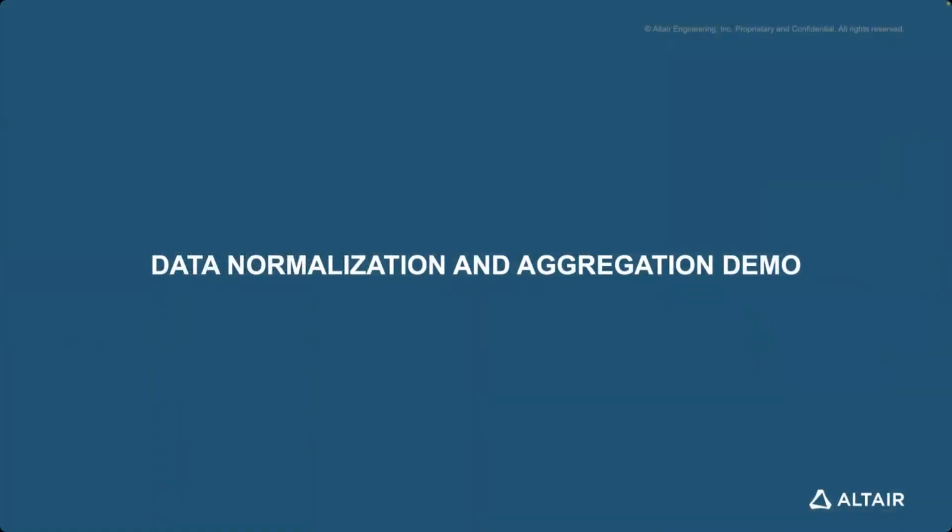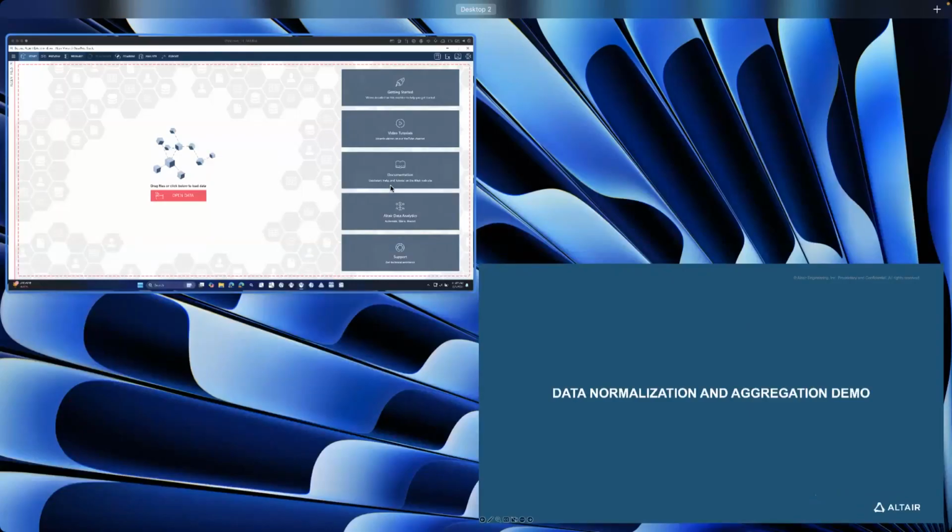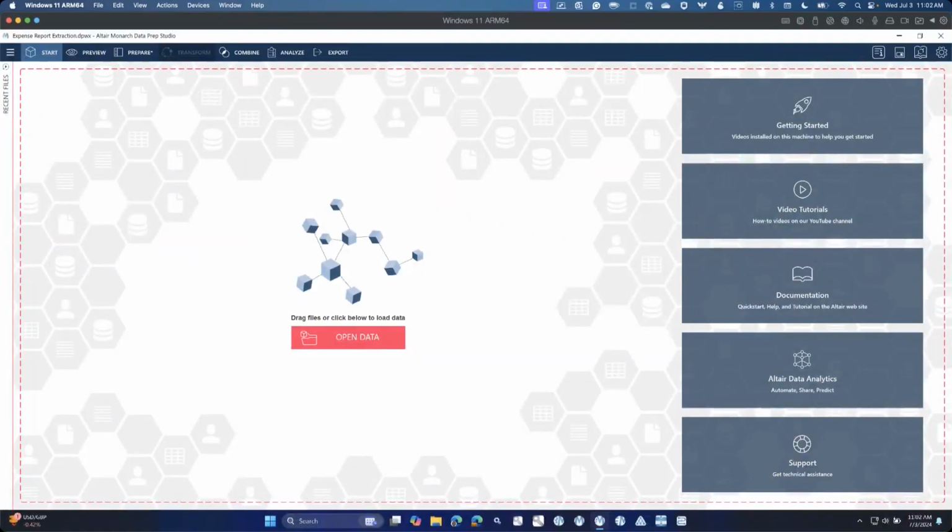So let's take a quick look at what the actual workflow would look like in terms of leveraging Monarch, which is a component of the RapidMiner platform, for doing some data normalization, cleansing, and transformation. I'm going to first hop over to Monarch. This should look fairly familiar for those who did attend the first couple of sessions.